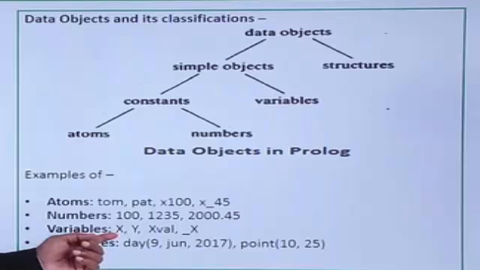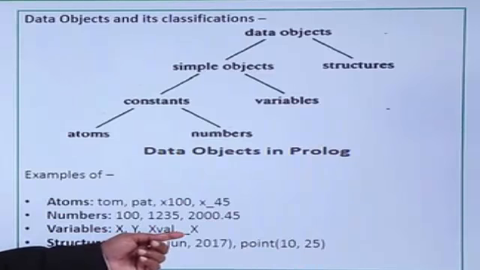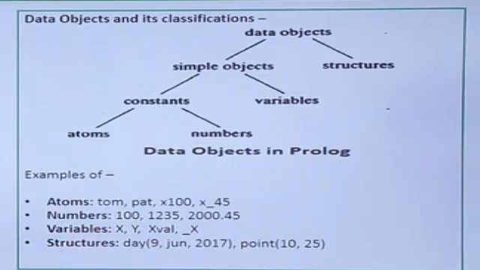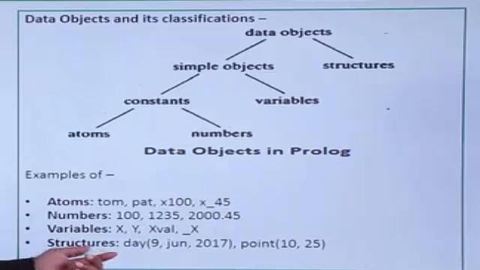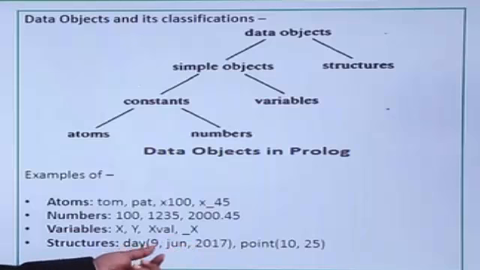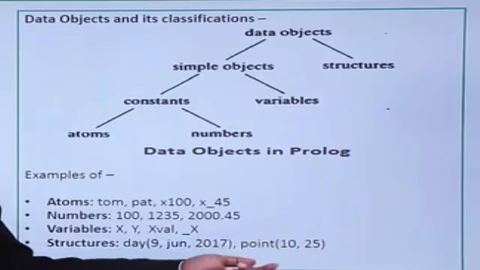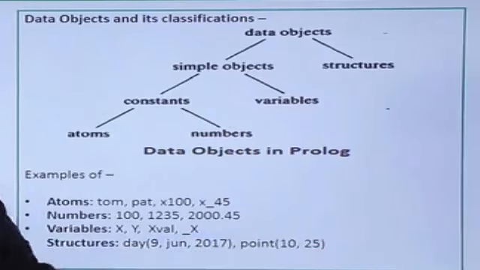Variables can start with capital letters, can have lowercase letters also, can have digits, and can also start with an underscore followed by other characters. Structures: say date, 9 June 2017, where date is known as the structure name, also known as a functor. Point(10, 25): point is a functor, and 10 and 25 are two arguments. These are the representations of structures.